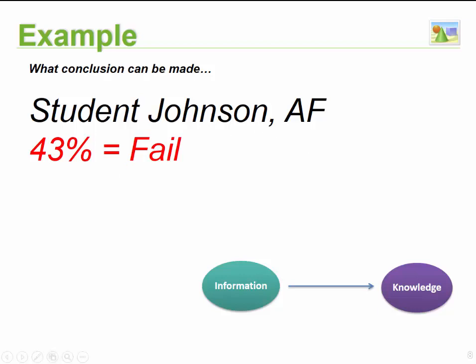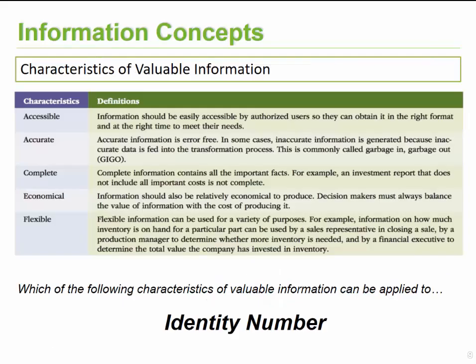Now, when we work with information, it's important to realize that information should adhere to certain characteristics. There are about 11 of these characteristics. We're going to go through them one by one and try to see how each one fits into the information context. So information should be accessible.